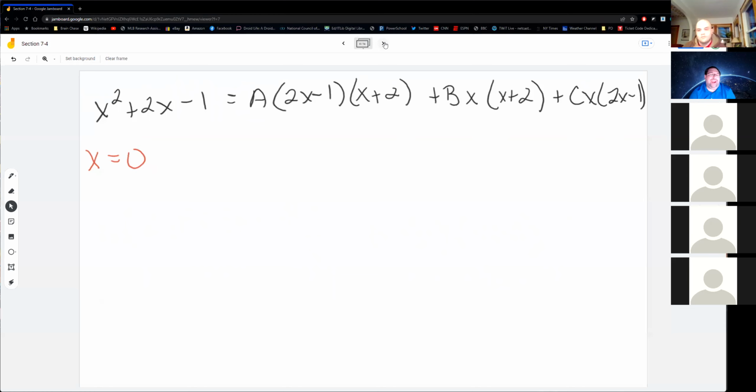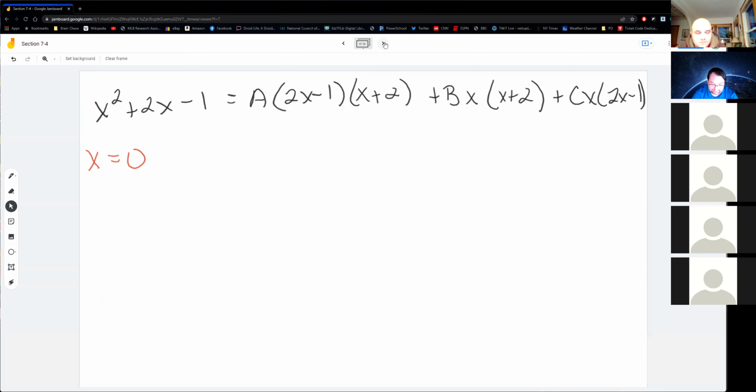You actually can pick any numbers you want, but only certain numbers are going to make your life easier. And hopefully, as I do this, you're going to start to see which numbers are going to make your life easier. So I'm going to say x equals 0. Now, everywhere above on the screen, I'm going to plug in 0 for the x.